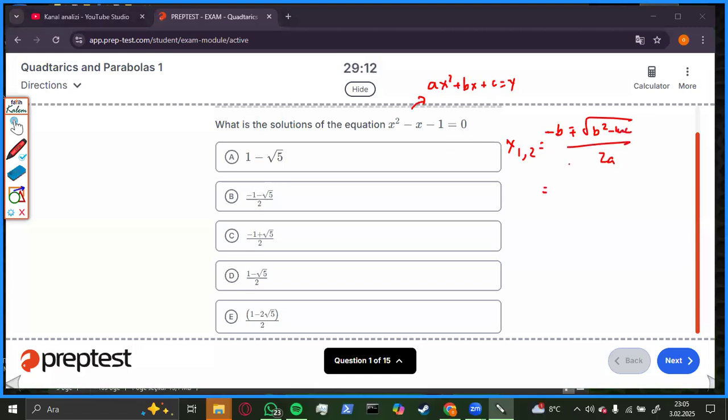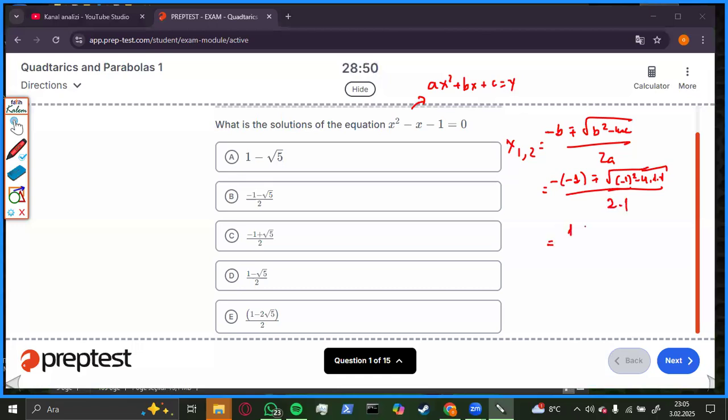Okay, here b is -1, so -1, minus and plus the square root of (-1) squared minus 4 times 1 times (-1), over 2 times 1.